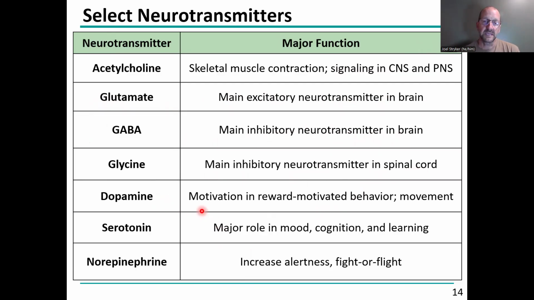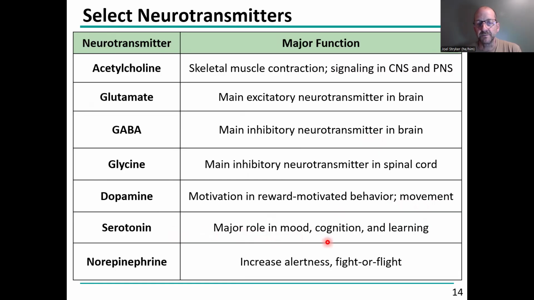Dopamine has multiple things, but it's best known for being involved in reward and motivated behavior pathways. A lot of times it's associated with addiction. Also movement. Parkinson's, for example, is a deficiency in dopamine, dopamine-releasing neurons. So we might talk about that later.